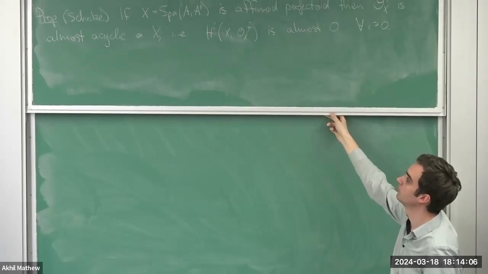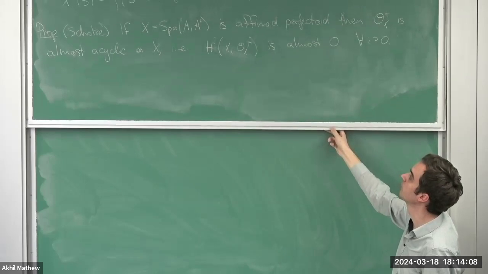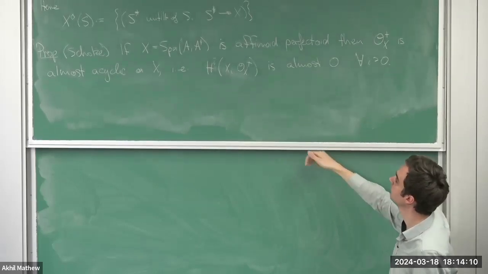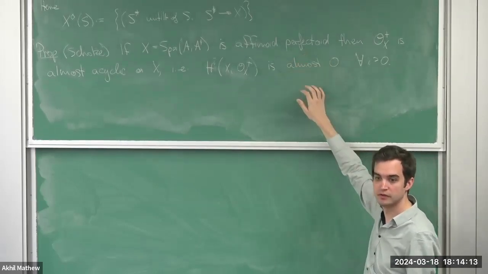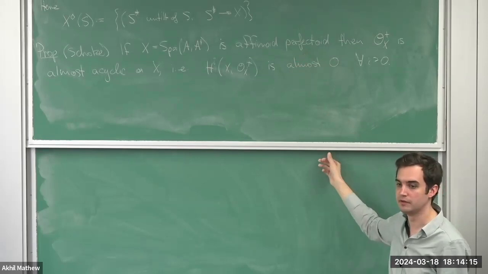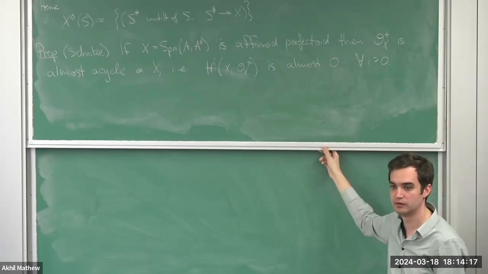Right, but that is not so important for what I want to say. This passing to characteristic p helps, for example, in proving this, but I don't really need to pass to characteristic p.